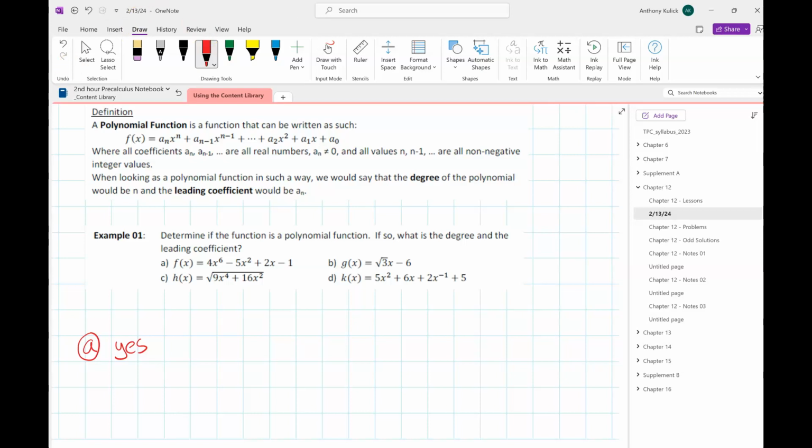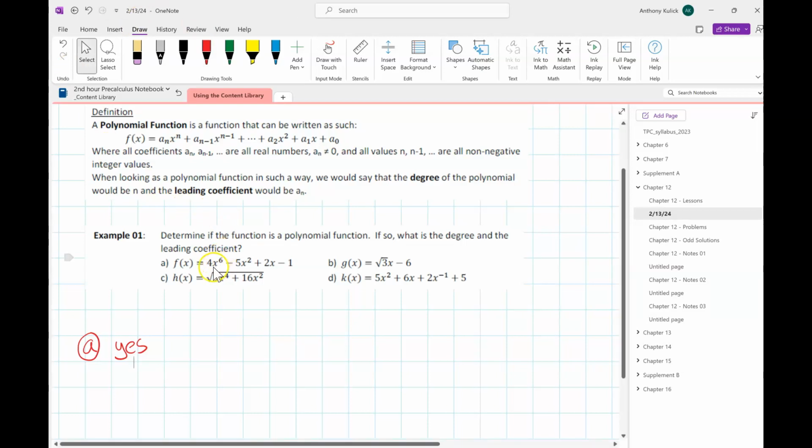So if I have 4x to the negative 6, not a polynomial. If I had 4x to the positive 6/5, not a polynomial. Everybody's okay? All right. So that's a polynomial.